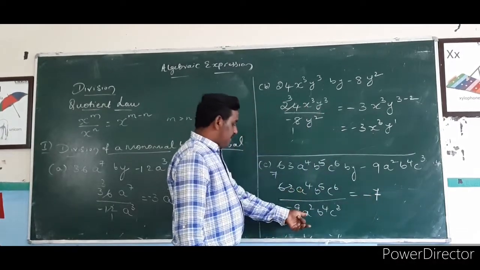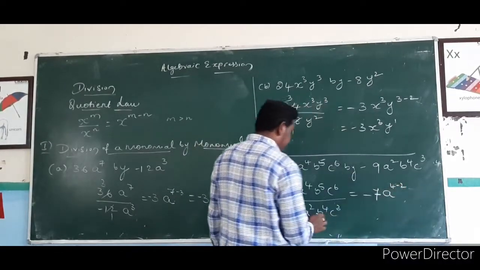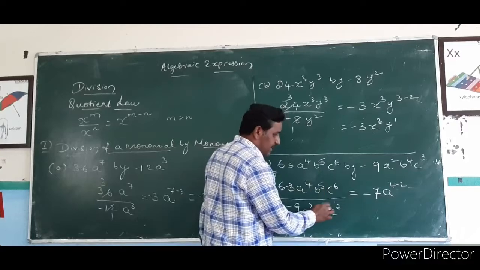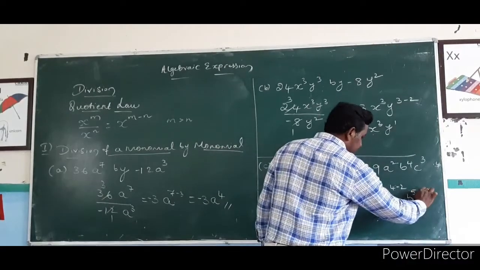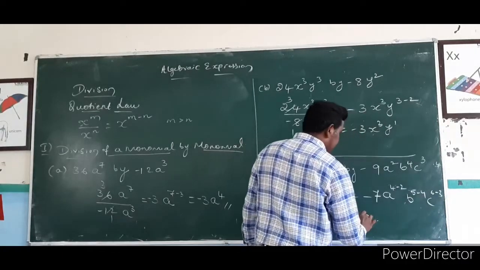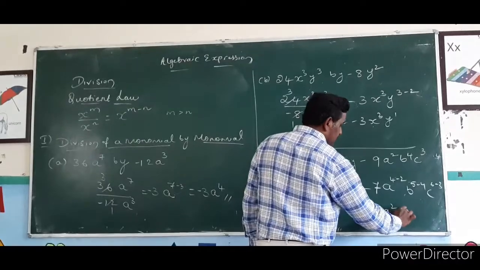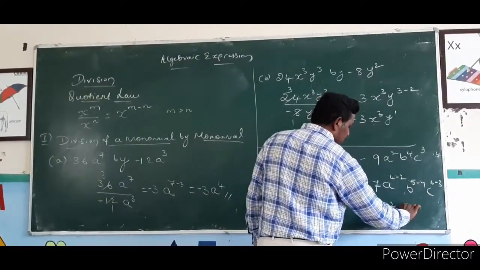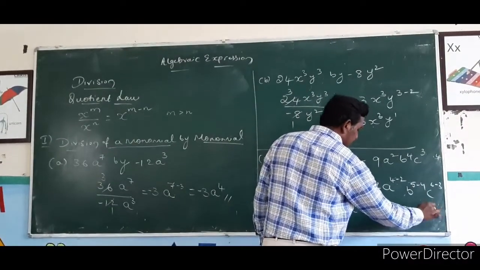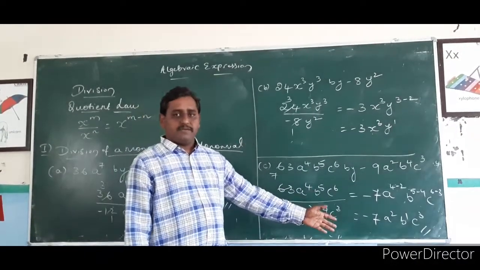For a, 4 minus 2; b, 5 minus 4; c, 6 minus 3. That is minus 7, and for a, 4 minus 2 is 2; for b, 5 minus 4 is 1; for c, 6 minus 3 is 3. So this is the answer we have to find.